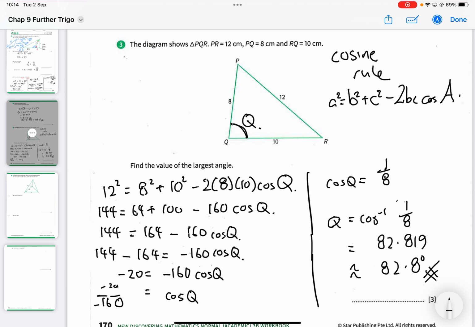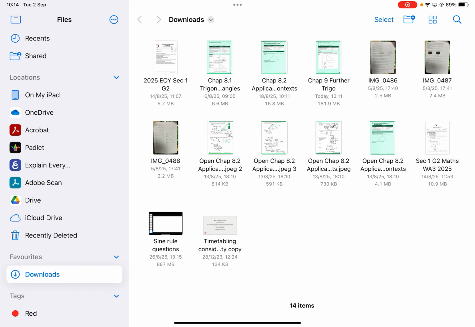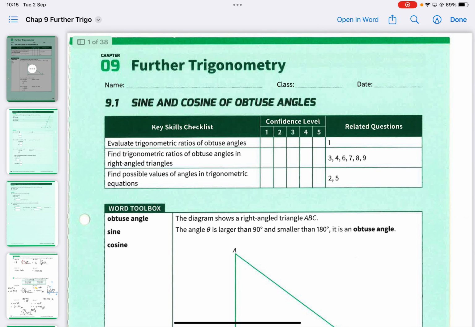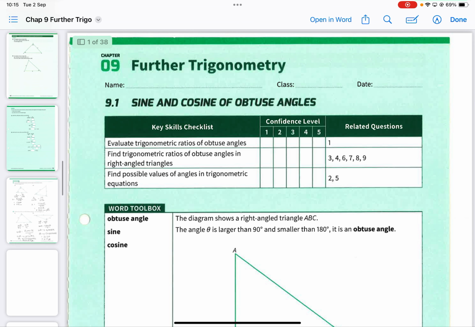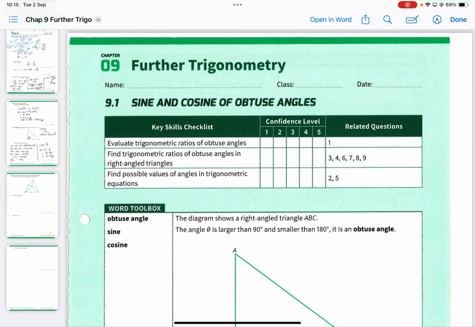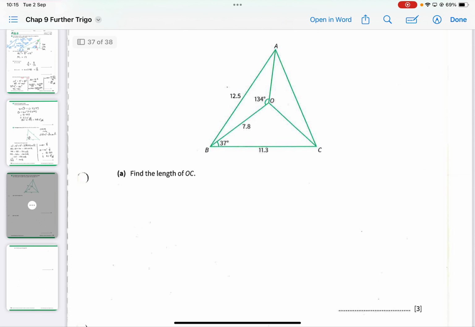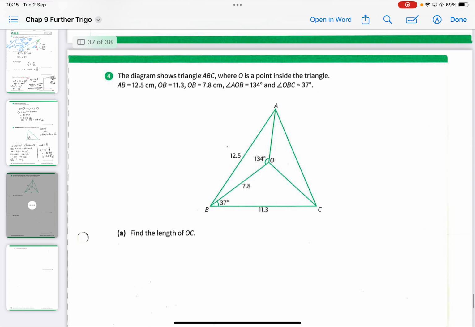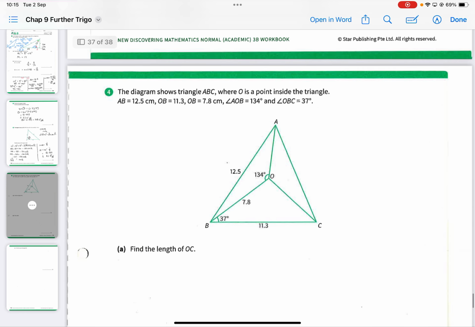A few years ago, I taught Sec 1 and Sec 2 express math. Now you don't teach express math. This year only the Sec 4 lot, I go and do revision with them. Why? I just asked because I saw the express. Express? No lah, this one is NA Sec 1. Yeah, they changed the book already.